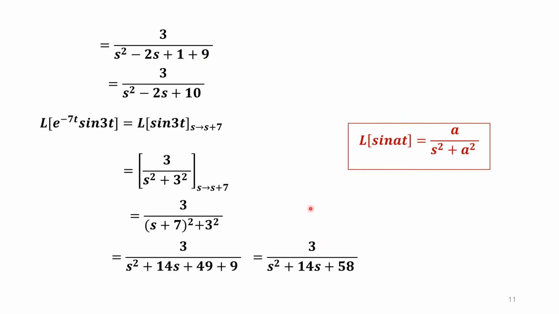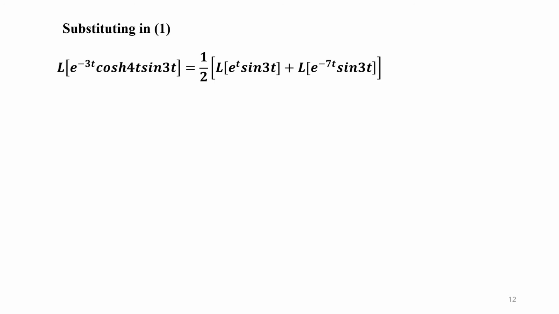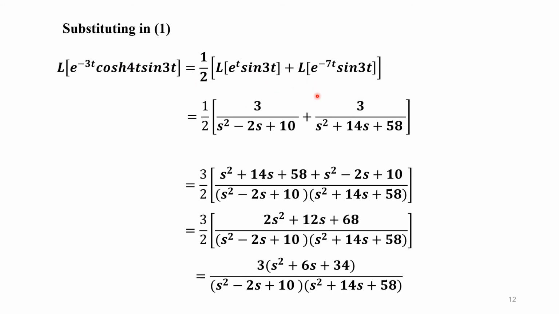Adding both, and then we have that half part. We had that equation as equation 1, and now we have got both the values of these Laplace transforms, substituting them in equation 1. So first one is 3 upon s square plus 14s plus 58.